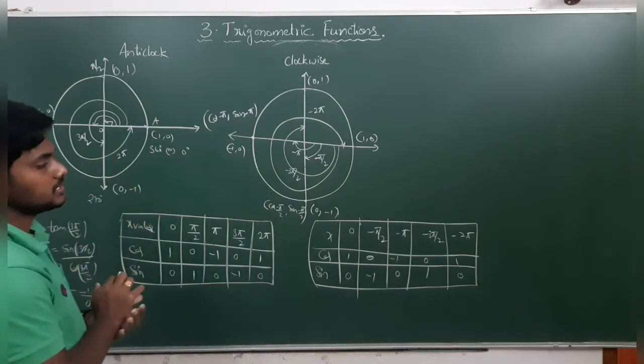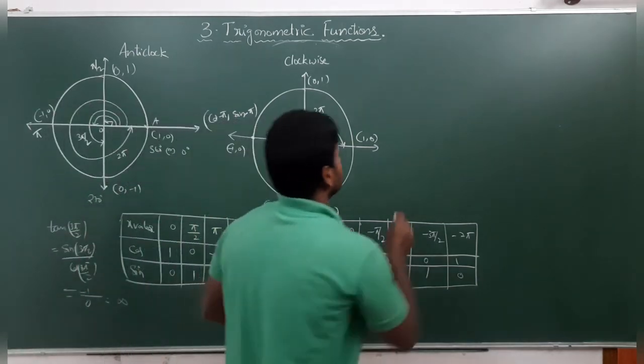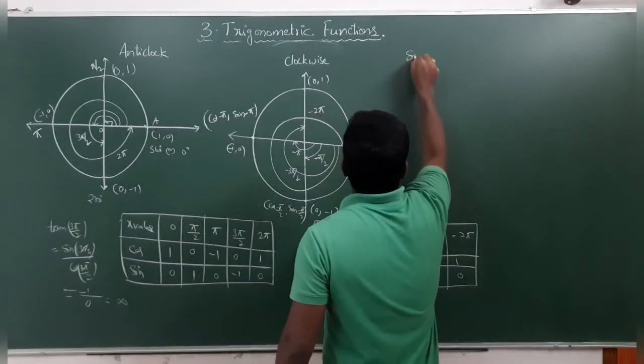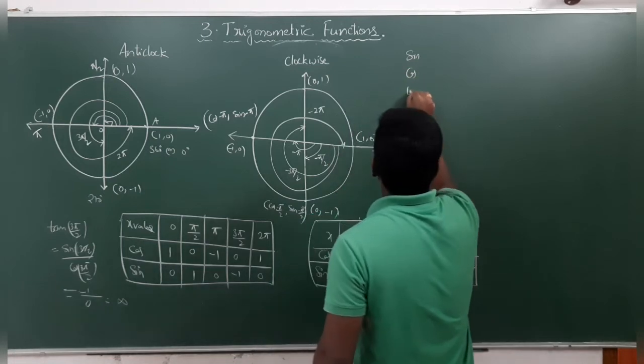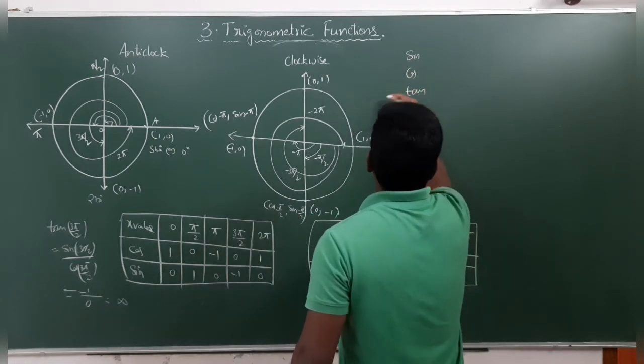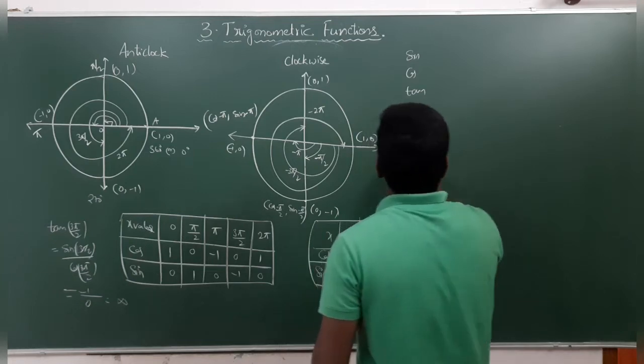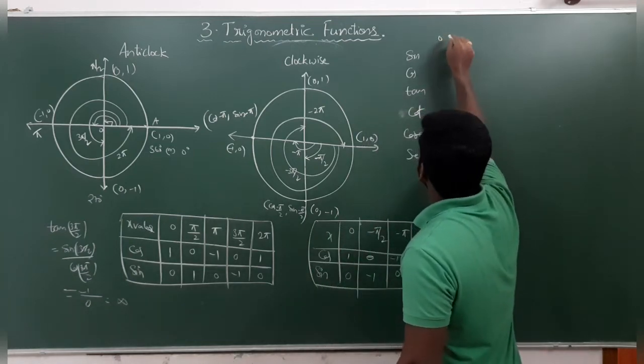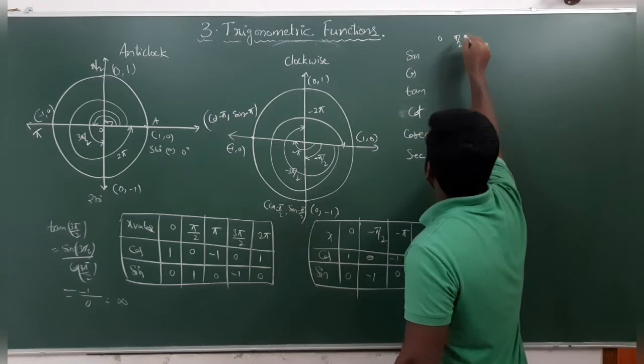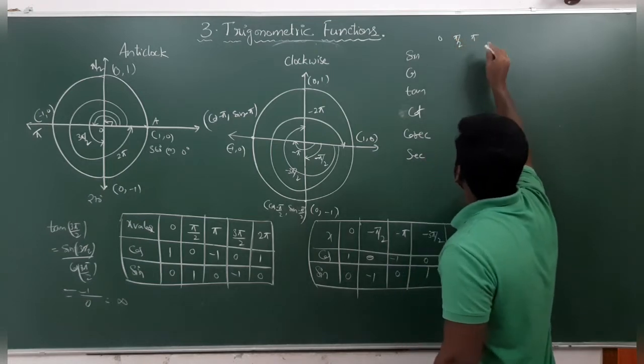In today's class there will be no assignment, but what you need to submit is for sin, cos, tan, cot, cosecant and secant. For all these you need to write and show the values at 0 degrees, pi by 2, pi.